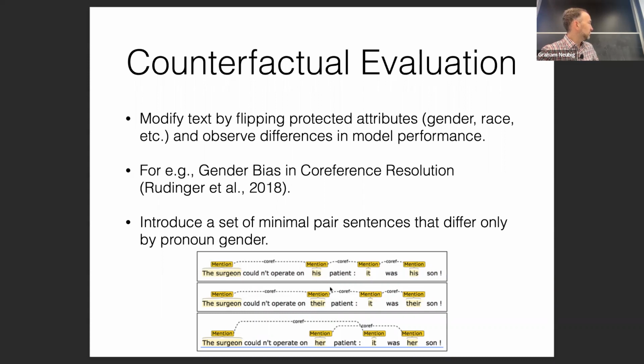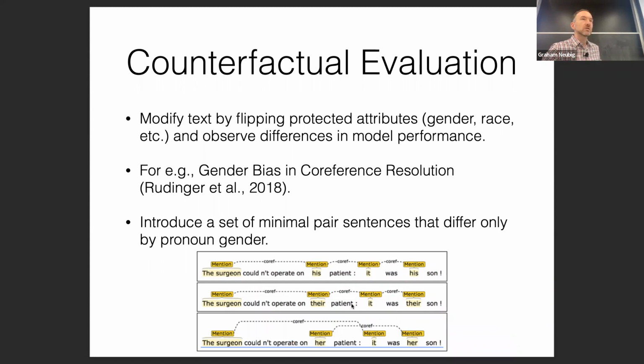But here it says her is co-referent with her, but not co-referent with surgeon. So basically it's saying it doesn't think a woman is a surgeon, but it is thinking that men and gender neutral pronouns are surgeons. So this is just one example.